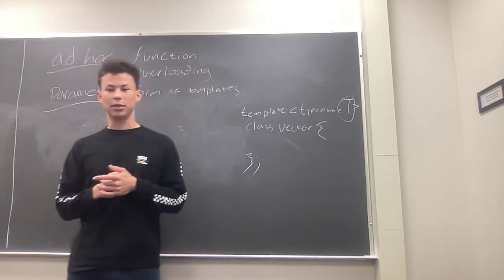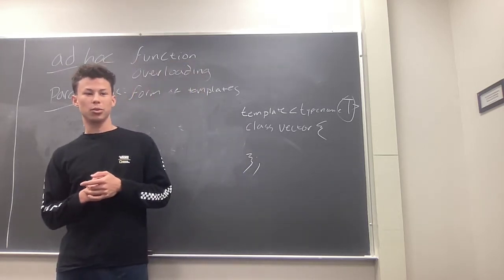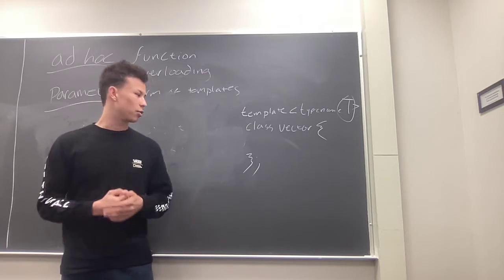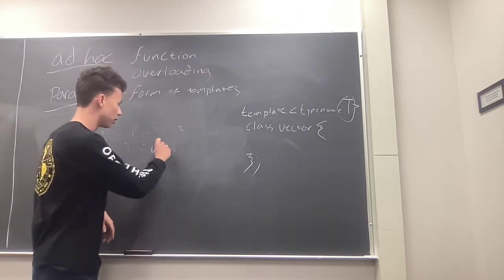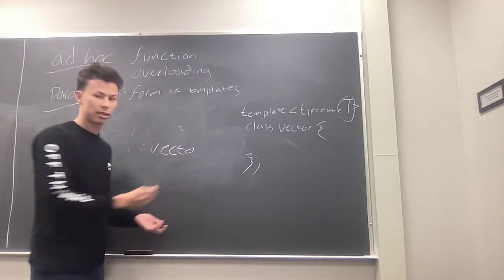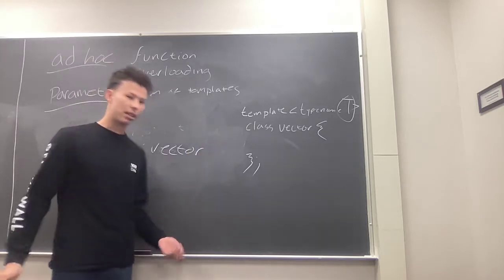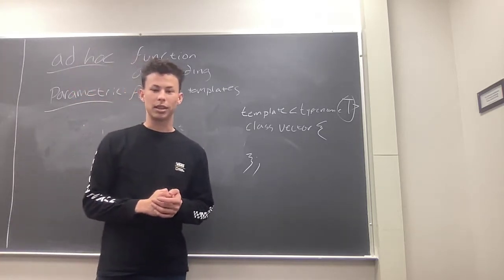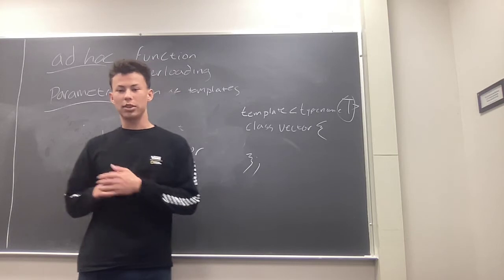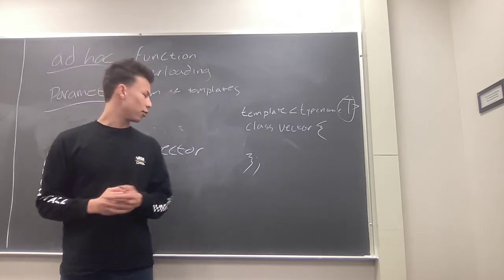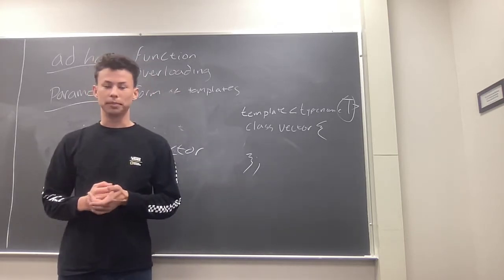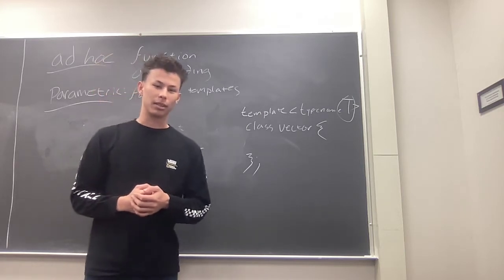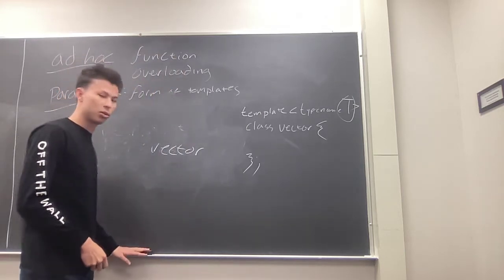Let's say you have a bug in your insert function, like let's say you're writing the standard template library vector. Let's say you write the insert function and then you mess up, there's a small bug. You'd have to go through every single class that you've created for vector, and you'd have to fix that bug in every single place that it is, which would be very annoying.